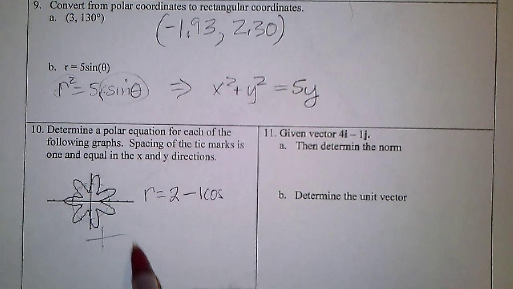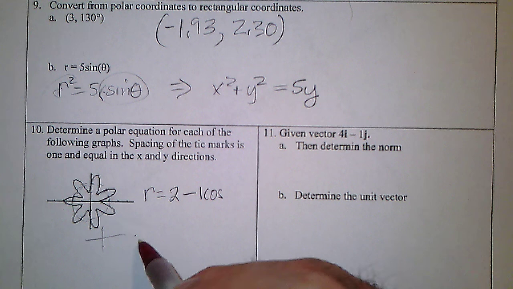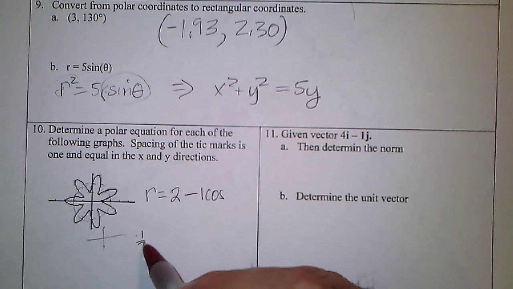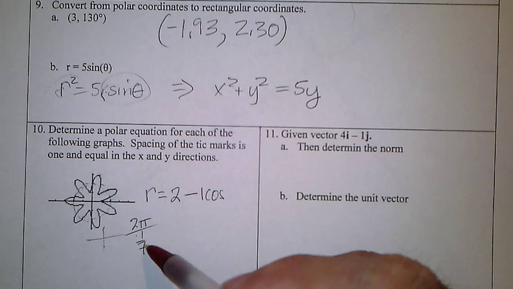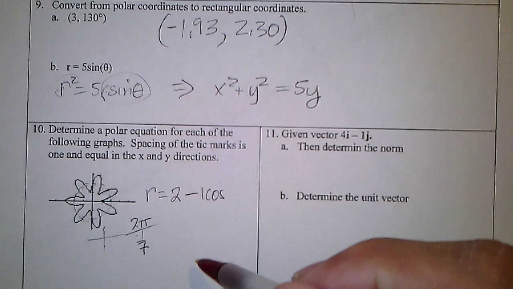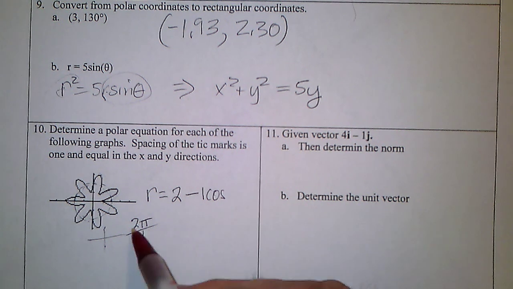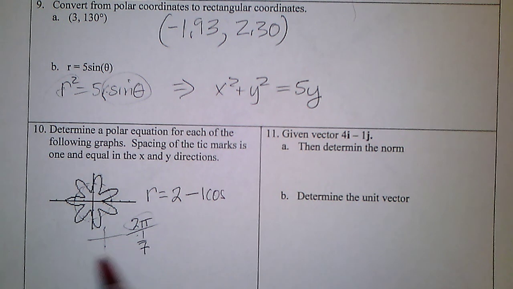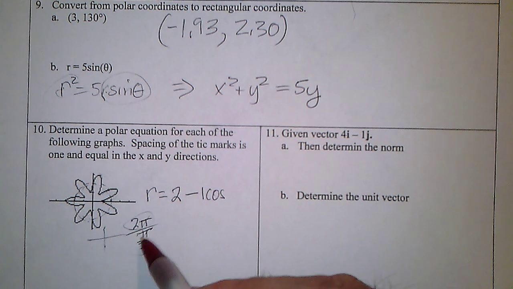So the period of this cosine is 1/7 of 2 pi. I'm doing this incorrectly here.